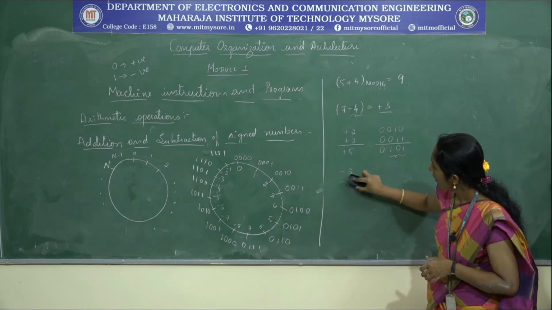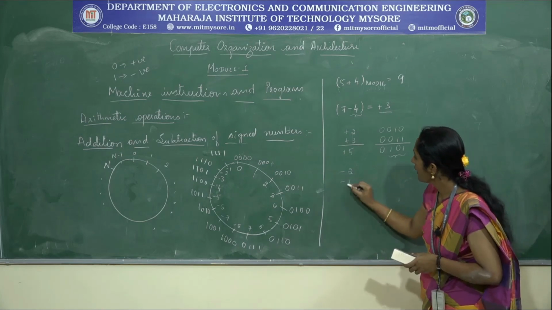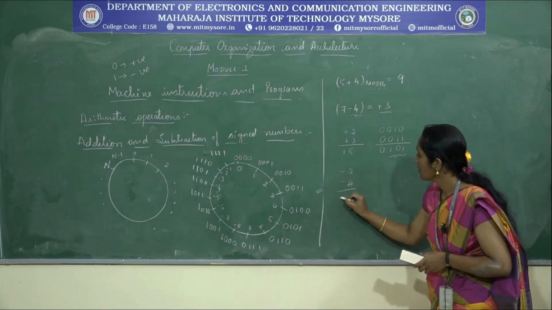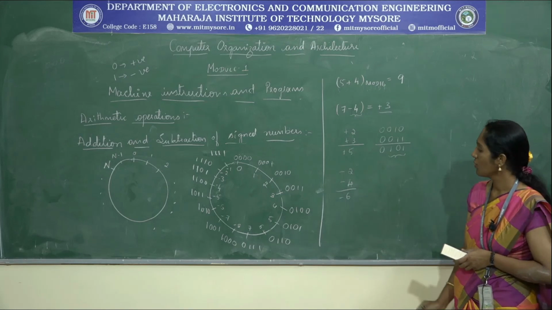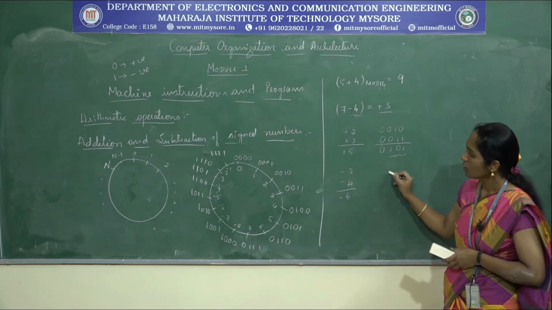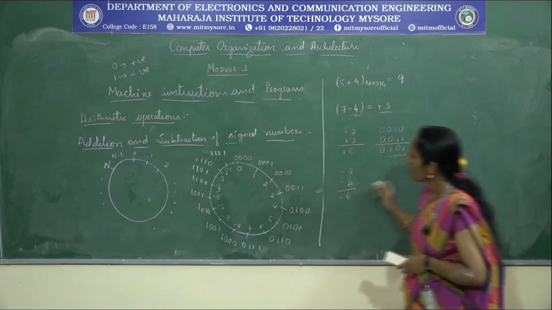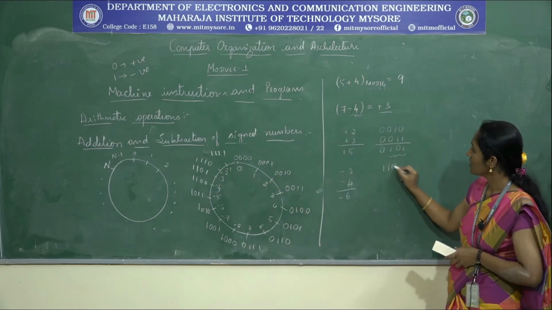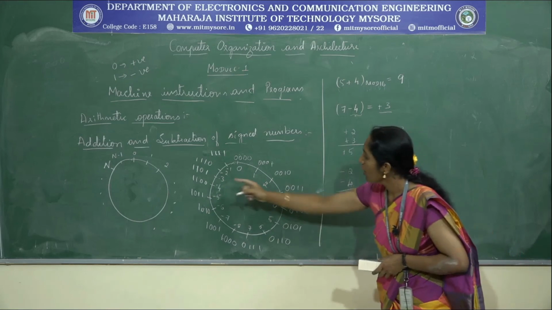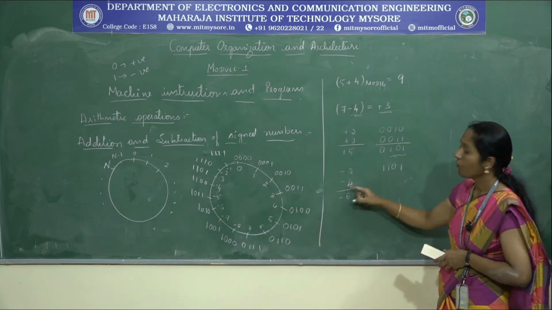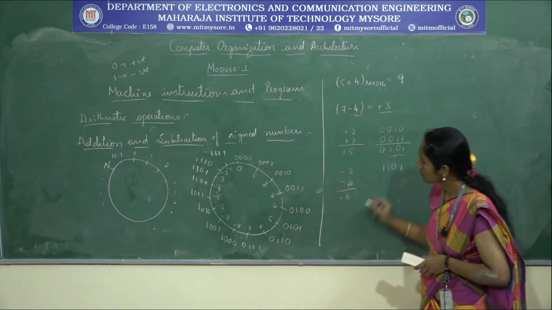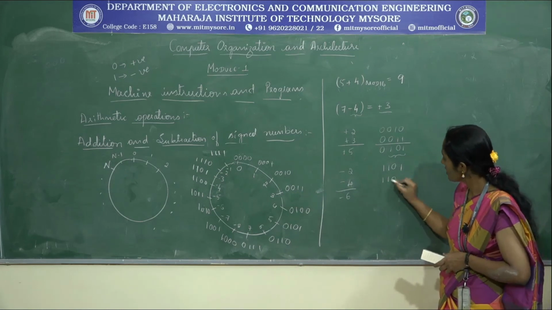Similarly, if we consider addition of minus 2 and minus 4, the sum is minus 6. In this case, minus 2 is 1 1 1 0, and the 2's complement of minus 4 is 1 1 0 0.